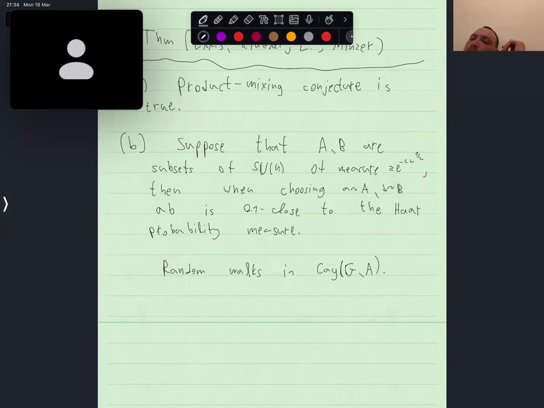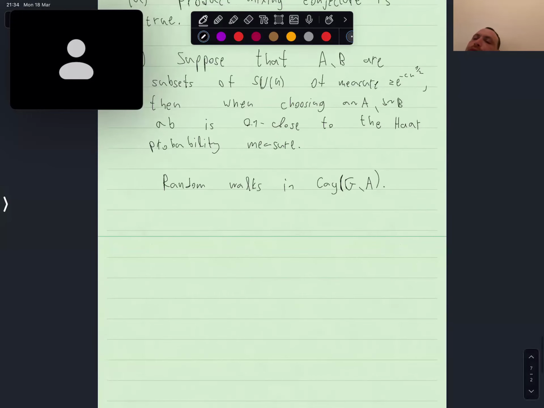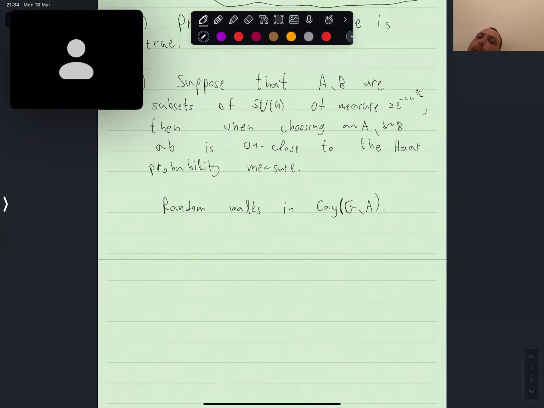And the sharpness example is to take the following. Here it's easy to show sharpness. You can take all the matrices in SU(n) such that the real part of A11 is at least n to the minus 1/4.